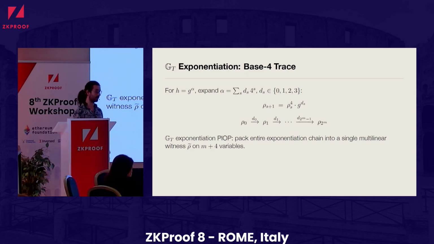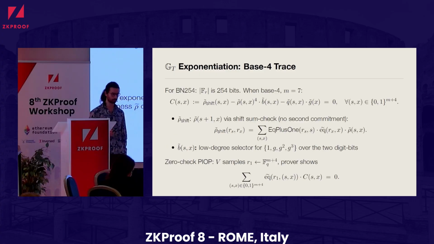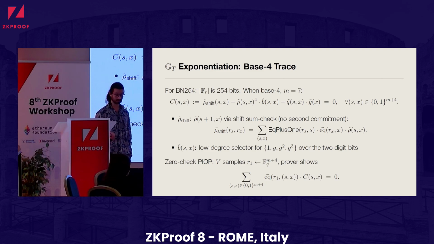The way we approach proving GT exponentiation in this work with this PIOP is by packing the entire chain into one single witness row with m plus 4 variables. M is basically the length of the chain, and 4 is the base that we choose. In particular, for our curve in Jolt, m becomes 7. And the constraint is as follows.